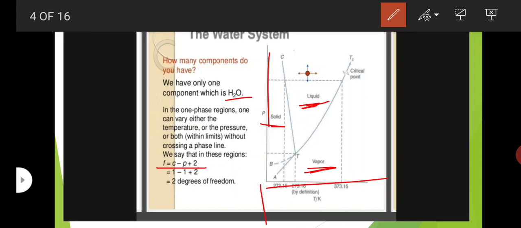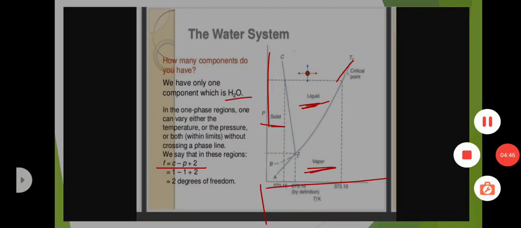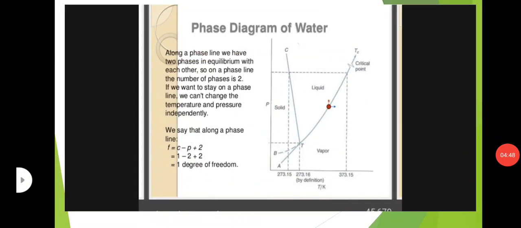This is the three phase system of water: solid phase, liquid phase, and vapor phase. This is a critical point here. Phase diagram of water.